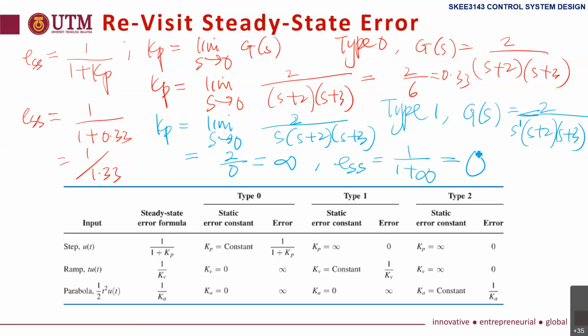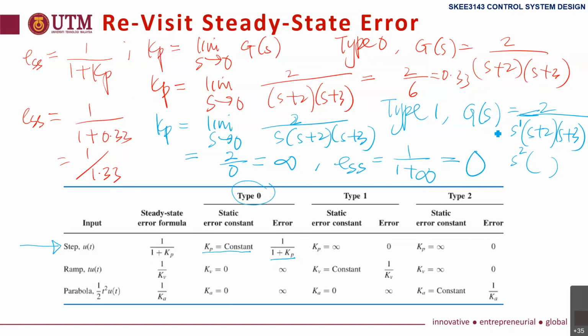Similarly, if type 2, of course s to the power of 2 here, then the same. We substitute 0, it becomes infinity, then the error becomes 0. This is shown here. 1 over 1 plus Kp. When system type 0, we get Kp some value, for example 0.33 here, then we get an error that also has a value.